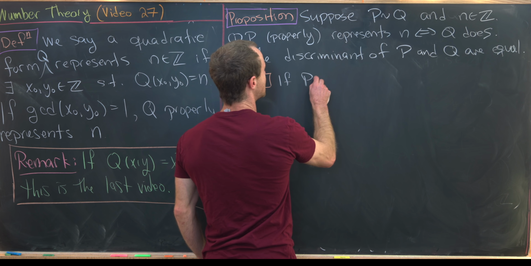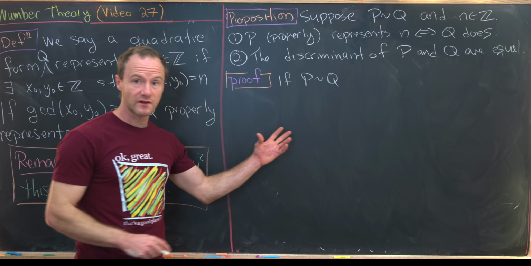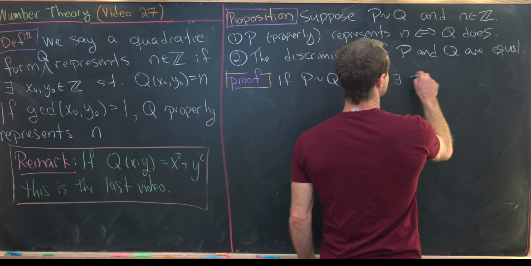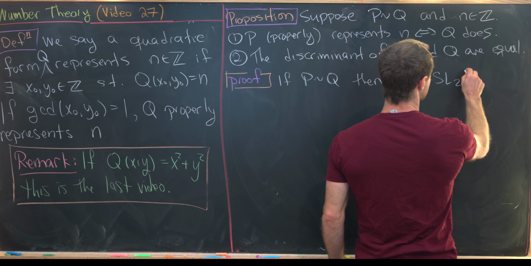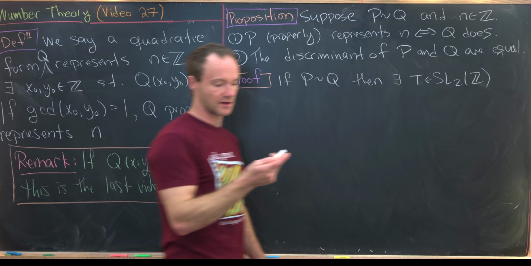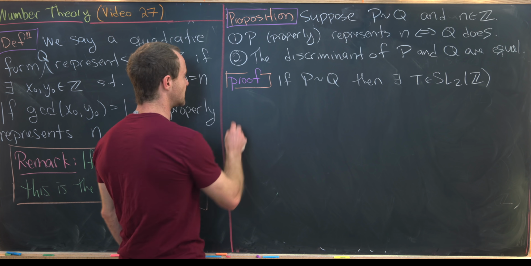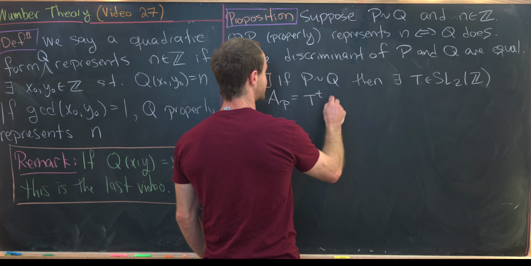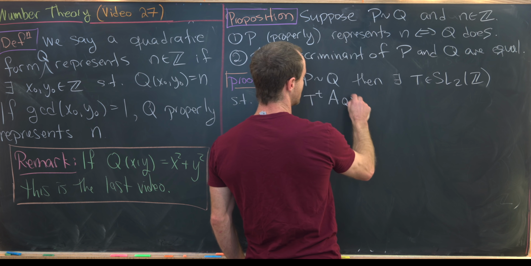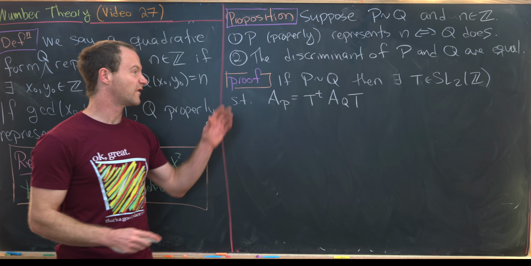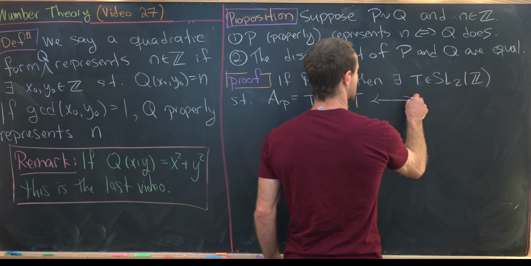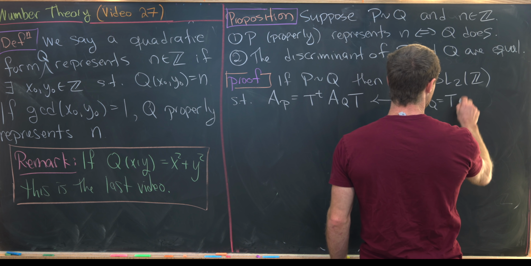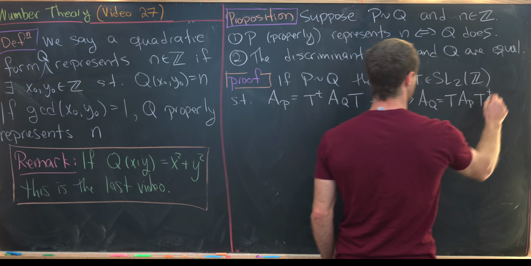So if P is equivalent to Q, then there exists some T in SL2(Z), as we discussed on the last board, such that A sub P equals T transpose A sub Q T. But notice that we could flip this to say that this is equivalent to saying that A sub Q is equal to T A sub P T transpose.